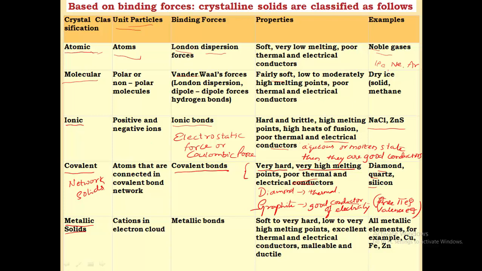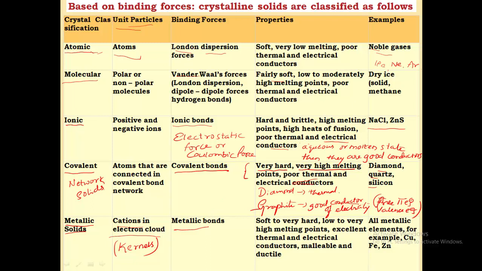Then the next one is metallic solids. Here the constituent particles are metal ions or cations in an electron cloud. They are also known as kernels. The positive ions, cations, or metal ions are known as kernels. The bond present between them is the metallic bond.